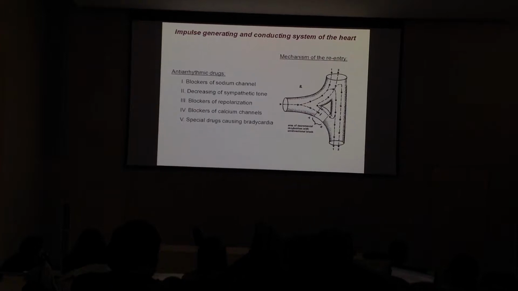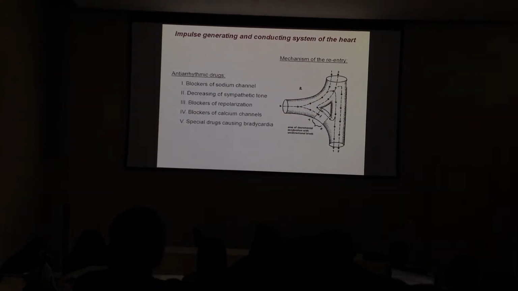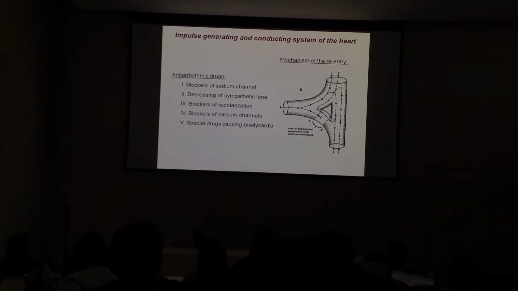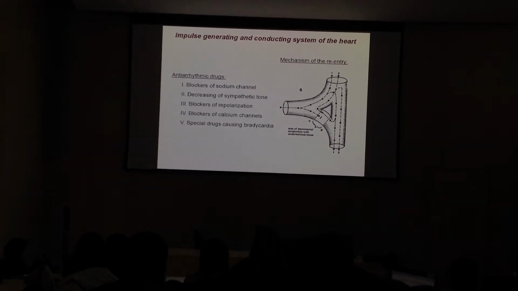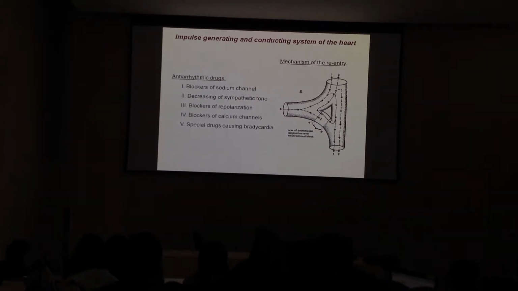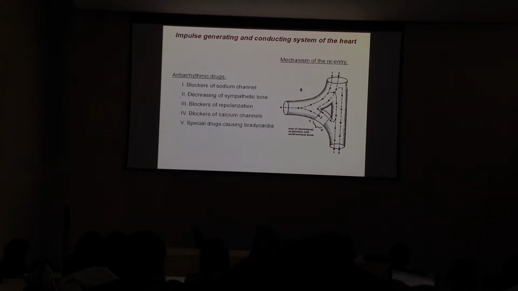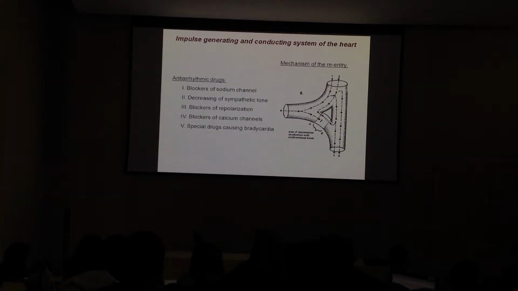So the discovery of the different antiarrhythmic drugs, which try to decrease the excitation of the cardiac membrane at different points, was very useful, and they could prevent the extrasystolic fibrillation.